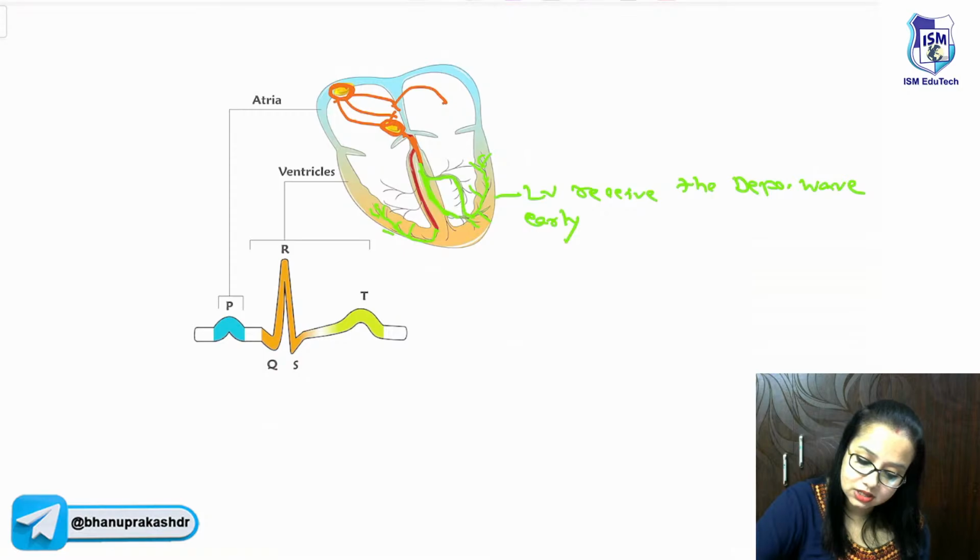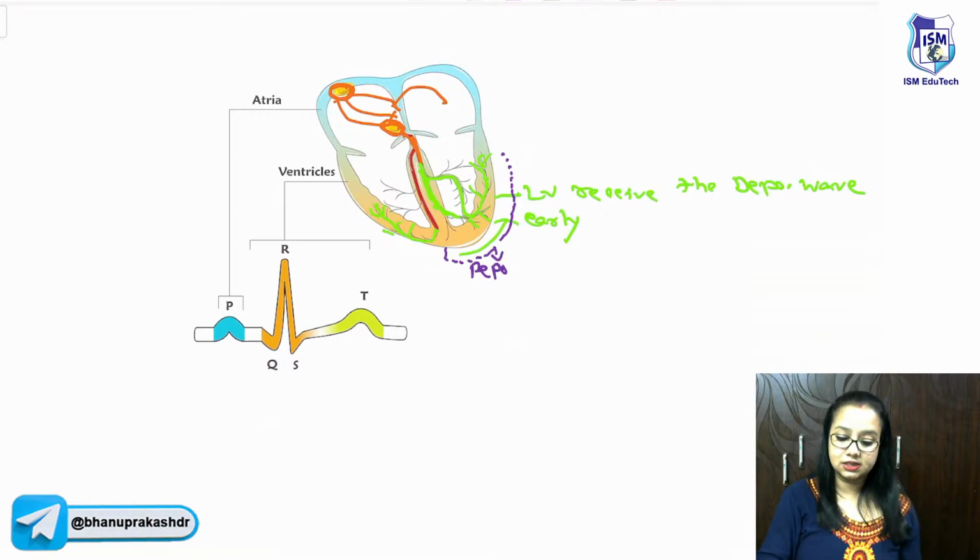So here you see it started from the innermost layer, that is the endocardium, and it went up to the epicardium. So depolarization is from endocardium to epicardium. But when repolarization sets in, the wave of repolarization starts from the epicardium and then goes to the endocardium, just the opposite direction.